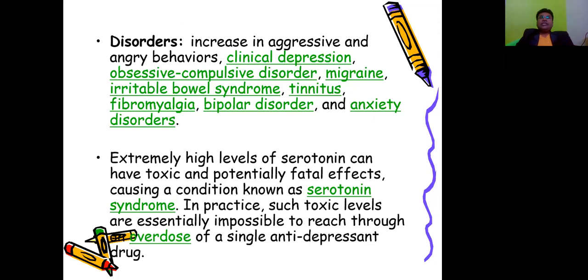Extremely high levels of serotonin can have toxic and potentially fatal effects, causing a condition known as serotonin syndrome. In clinical practice, such toxic levels are essentially impossible to reach through an overdose of a single antidepressant drug.